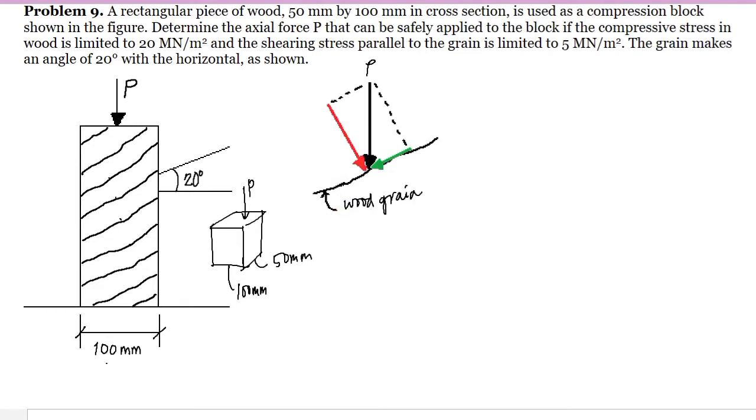The force P would have the components parallel to the grain, and this would be the shear force. And the component perpendicular or normal to the grain is the normal force.